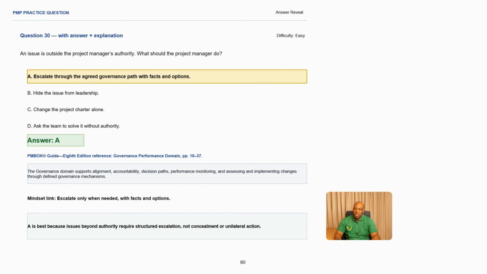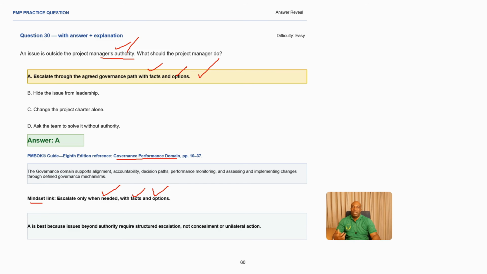So the best answer in this scenario is actually A, which is to escalate through the agreed governance path with facts and options. You go with your facts and options as you escalate. You have to escalate because it is beyond your authority as a project manager. What is our reference? The governance performance domain. And the mindset applicable to this scenario is to escalate only when needed, with facts and options.